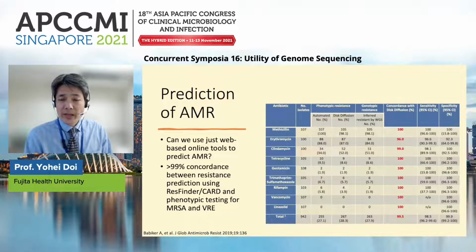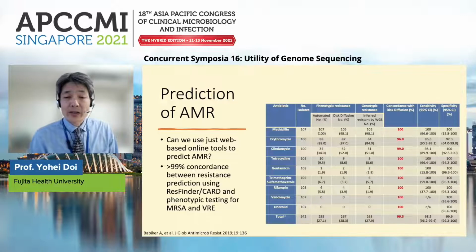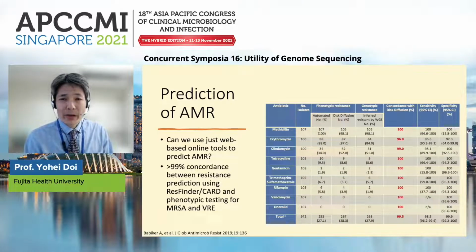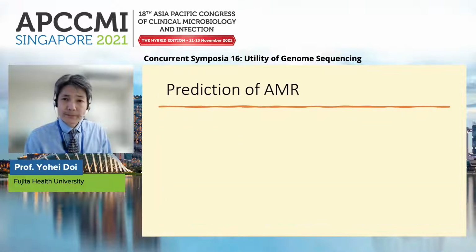Using MRSA and VRE genomes, he was able to show over 99% concordance between resistance predicted by high-throughput sequencing data using readily available tools like ResFinder and CARD, and the actual phenotype of the bacterial isolates. So you don't have to be a programmer to do these analyses.